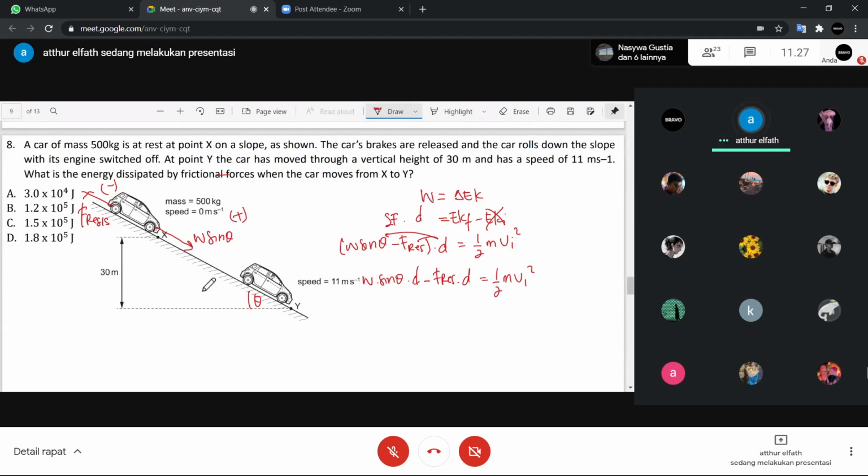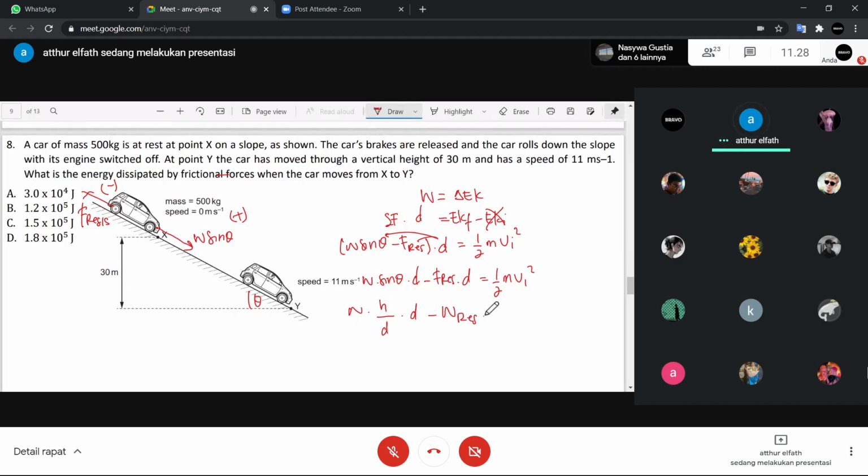Remember, sin theta is the opposite per hypotenuse. So sin theta equals height per D. So W times height per D, times D, minus F times D, equals the work of resistance.